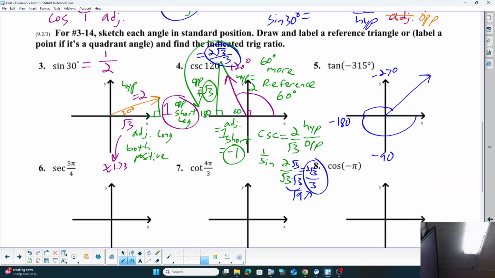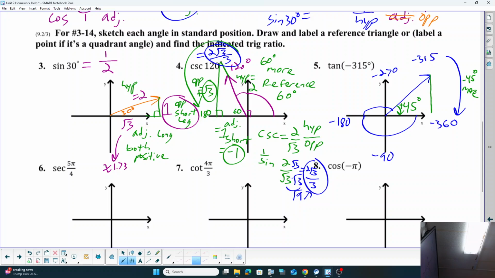How much more to get to negative 360? Basically, we're asking for the reference angle. That'd be negative 45 degrees more. And our reference angle is positive, because reference angle is always positive.